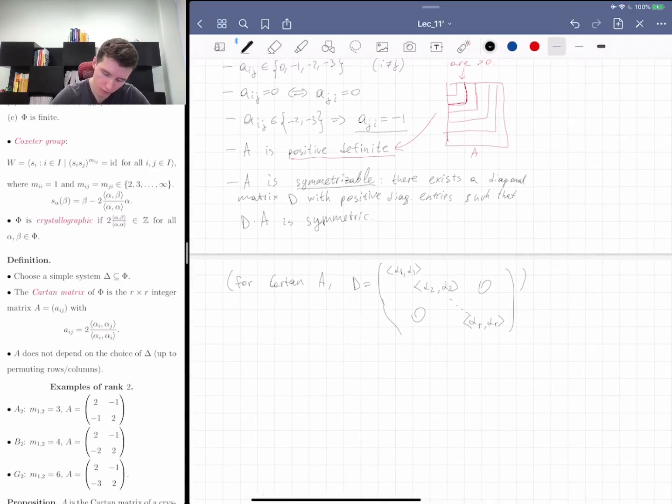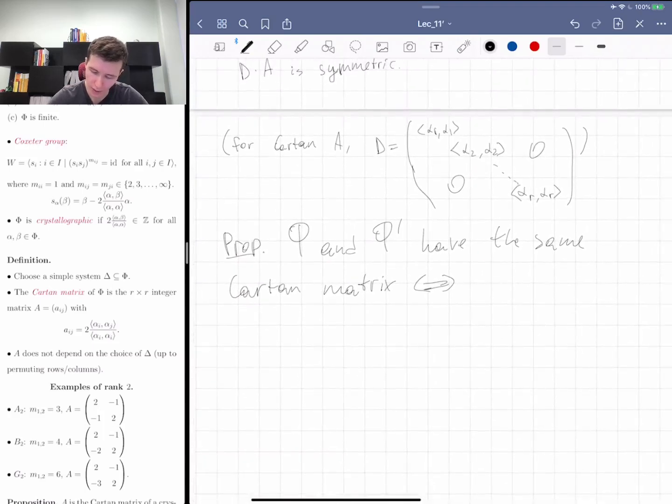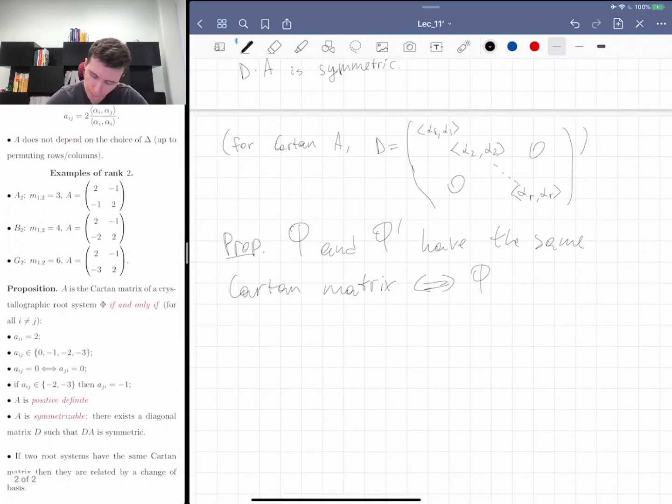So another proposition is that two root systems have the same Cartan matrix if and only if they are related by an orthogonal change of basis, in other words, by an isometry.